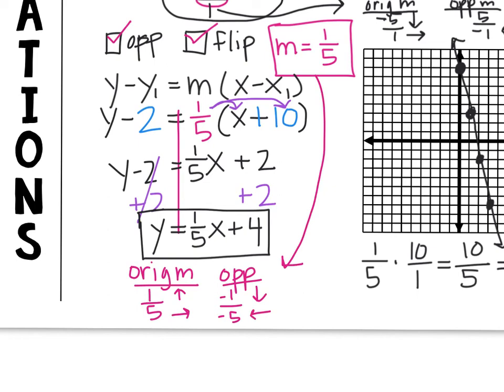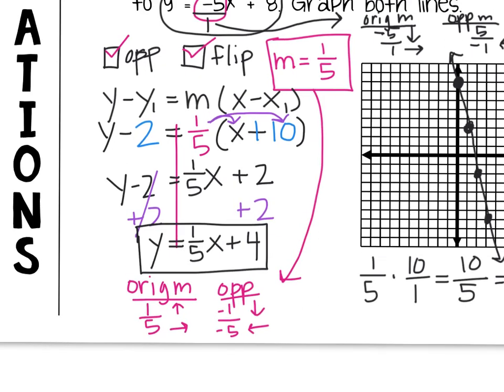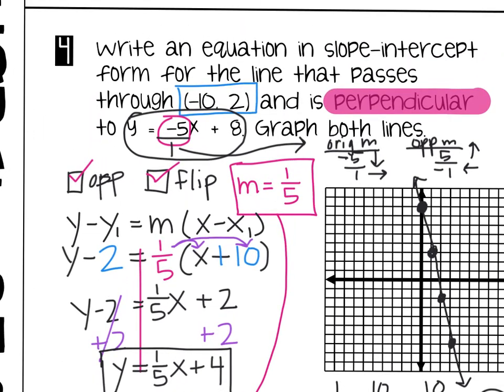I noticed we did not put, or I forgot to put, the dot onto the graph that they're asking us to intersect with. The whole point of this was to make a perpendicular line, a line perpendicular to the line that's black right now, and have it go through the point at negative 10, 2.